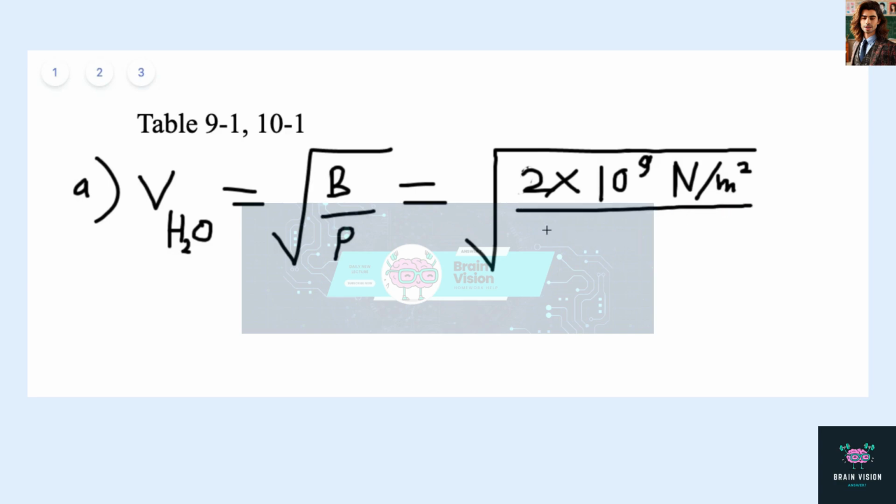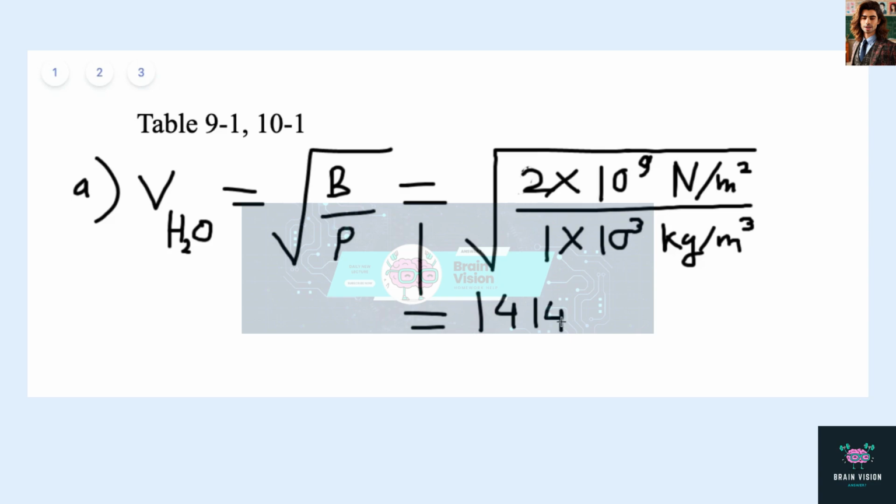You divide that by density, in SI units 1 times 10 to the 3, or 1,000 kilograms per cubic meter. Newton has units of kilogram meter per second squared, so a bunch of things cancel out, and what you get here is 1414 meters per second. So that's for water.